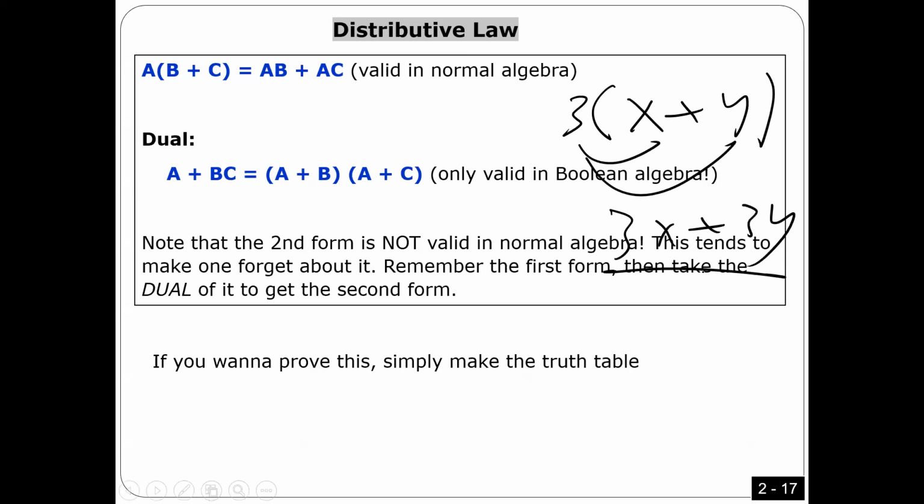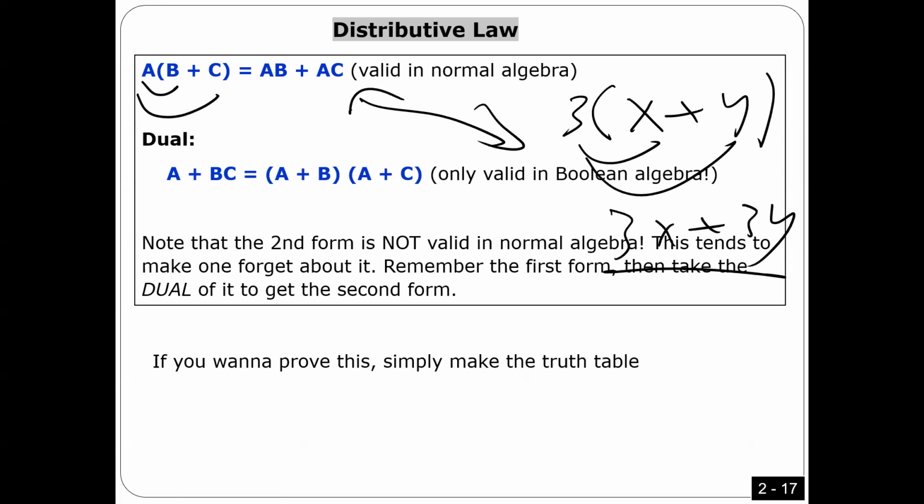Same thing here: if you have A and (B or C), I can do distribution. So this one will be A and B, or A and C. Very easy. This is similar to what we did in normal algebra. Is that okay?